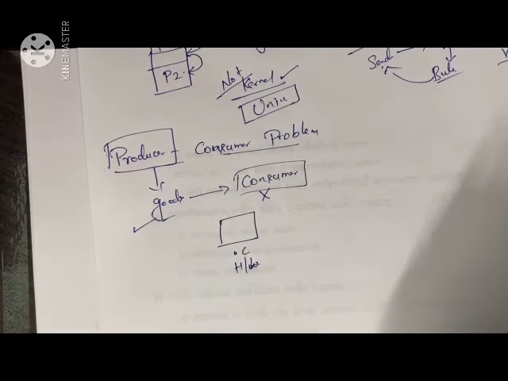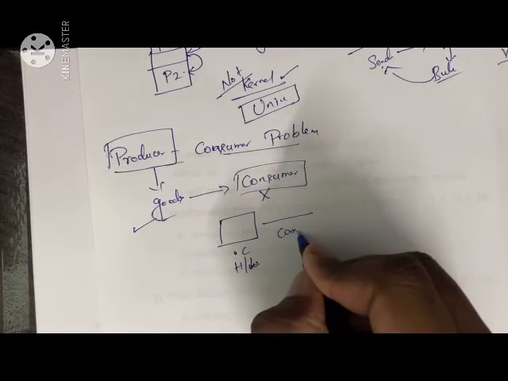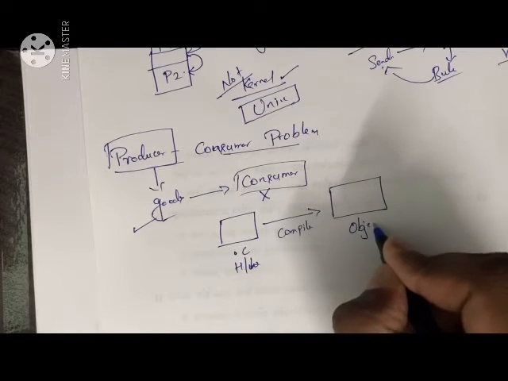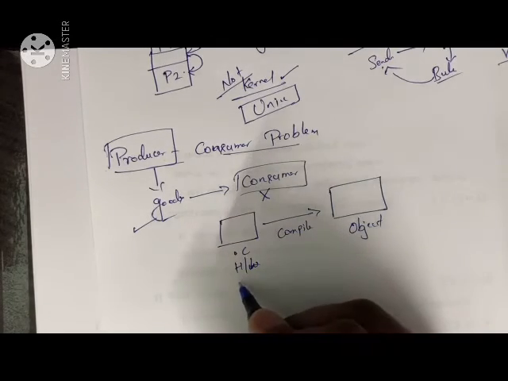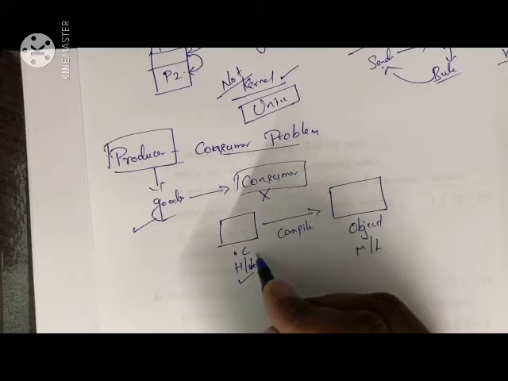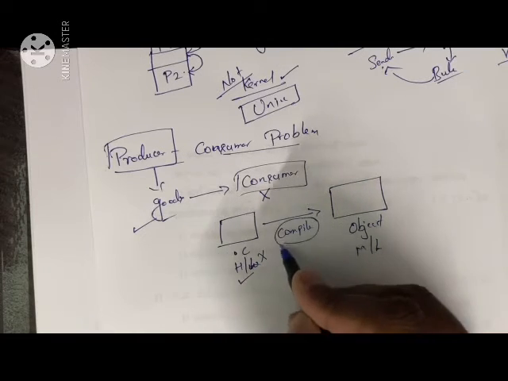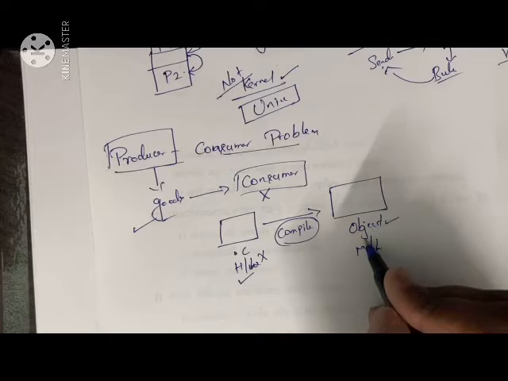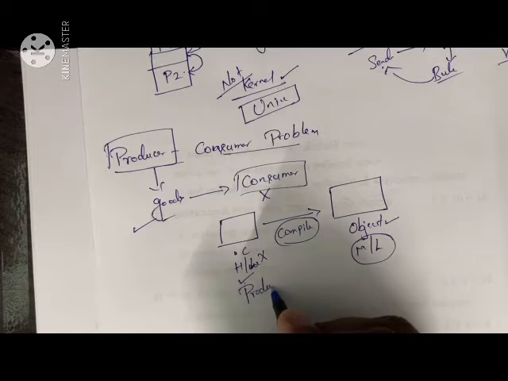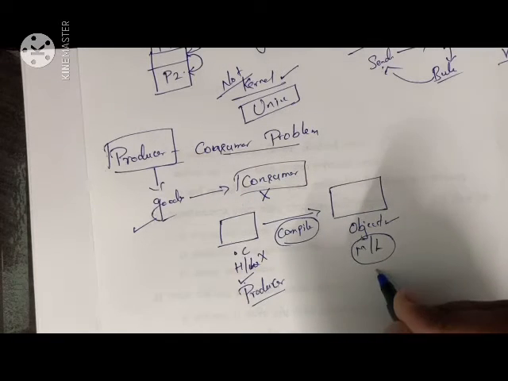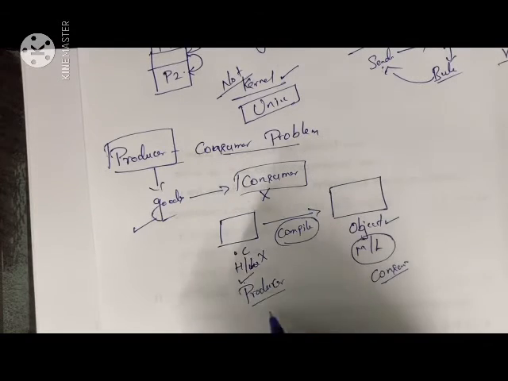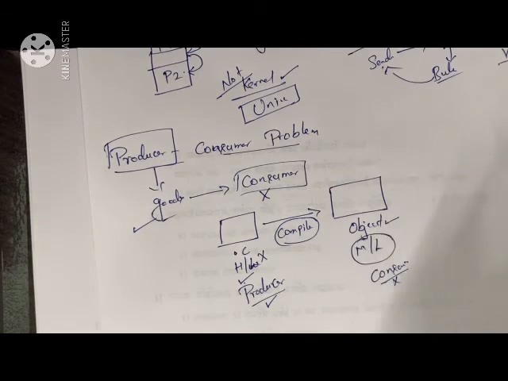Once you compile this program, we generate some object code, so the high level program is converted into machine level code. If there is no high level program, machine level code cannot be generated. So the high level code acts as the producer, and the object code is the consumer. Until this has been produced, this cannot be executed.